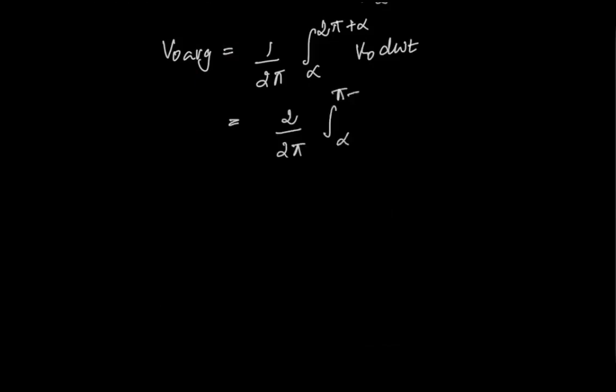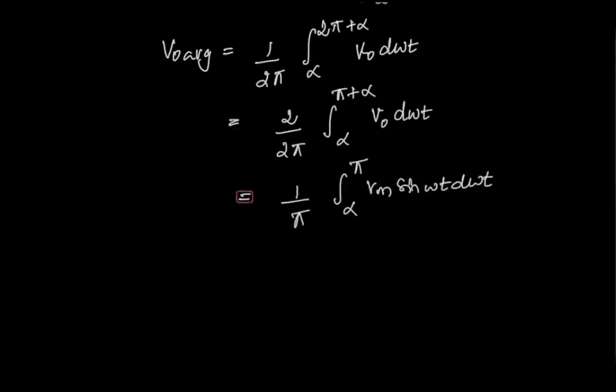Now we can obtain the average voltage expression. V naught average can be written as 1 by 2 pi integration from alpha to 2 pi plus alpha of V naught d omega t, which can be rewritten as 2 by 2 pi integration from alpha to pi plus alpha of V naught d omega t, which is equal to 1 by pi integration from alpha to pi of Vm sine omega t.